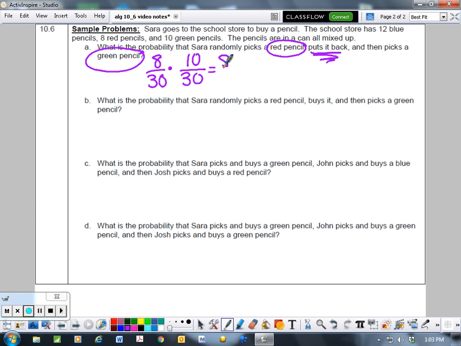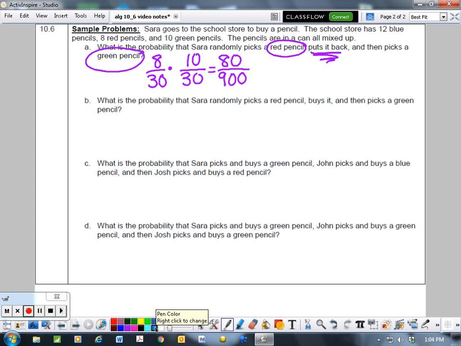So that means this is 80 out of 30 times 30 is 900. And that's our probability. Now we're not going to work on reducing this fraction, mainly because we've had such problems with people not reducing completely that we don't want to have to deal with that. We want to make sure your process is correct for the section.